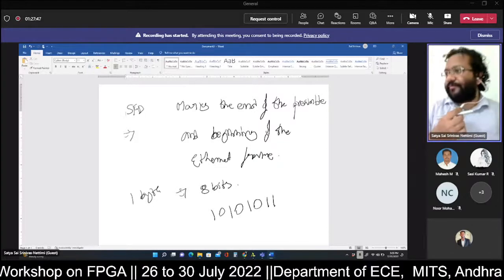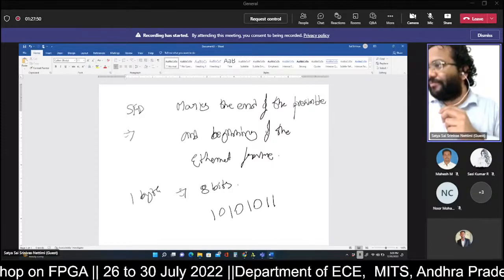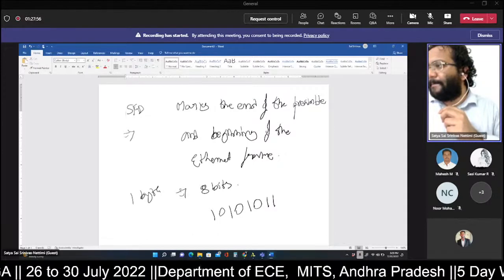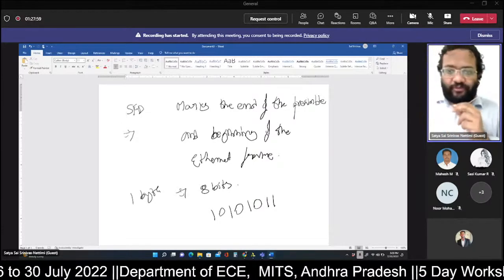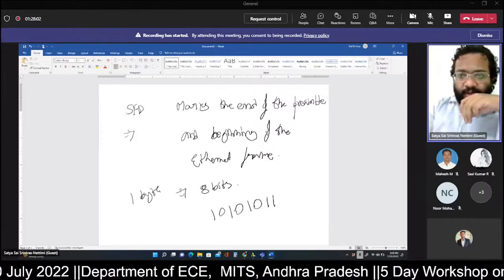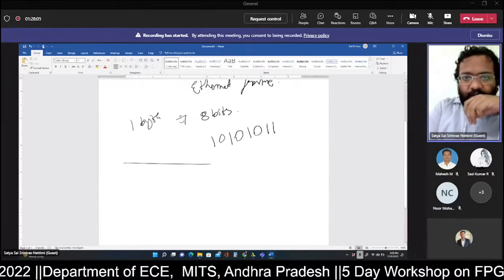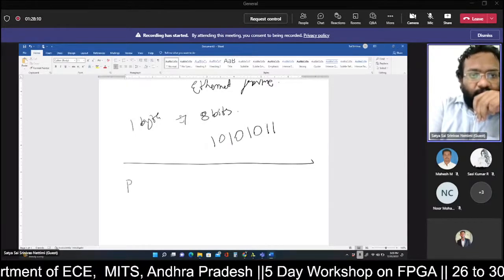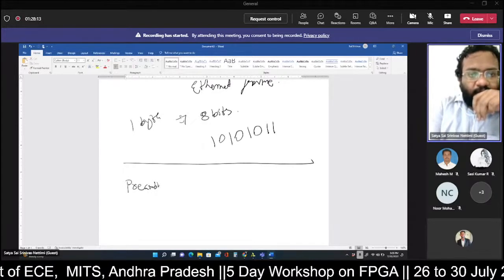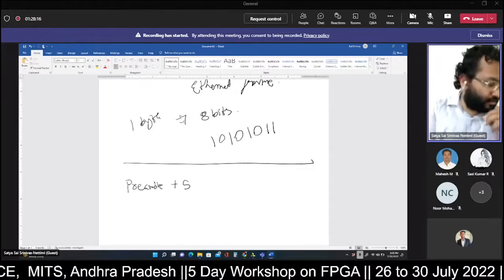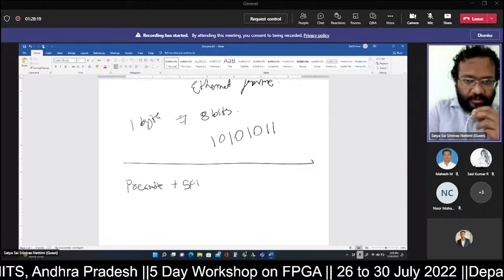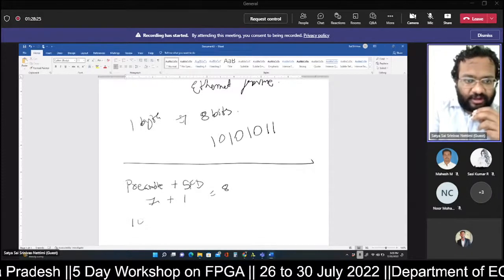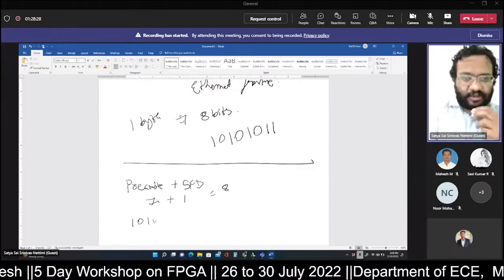If you put together the preamble and SFD, this is 7 plus 1, 8 bytes. The preamble is alternating ones and zeros, 1 0 1 0 and so on.